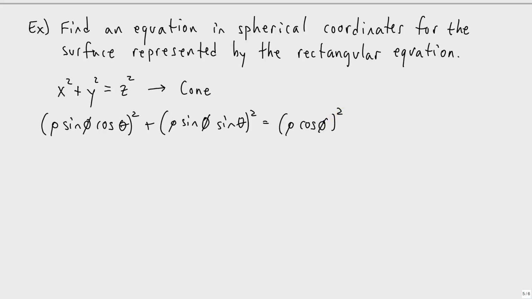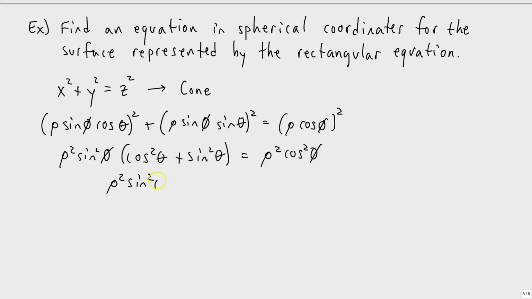Alright, so the left side has a greatest common factor of rho squared sine squared phi, leaving us cosine squared theta plus sine squared theta, which is just 1. So we end up with rho squared sine squared phi equals rho squared cosine squared phi.